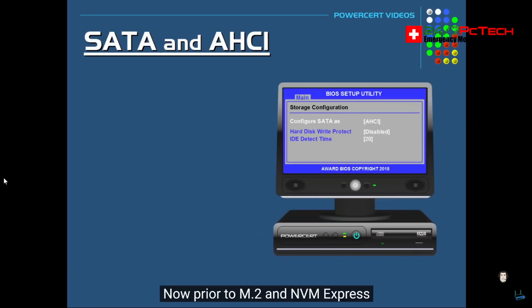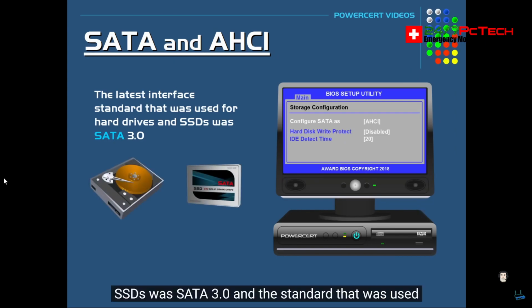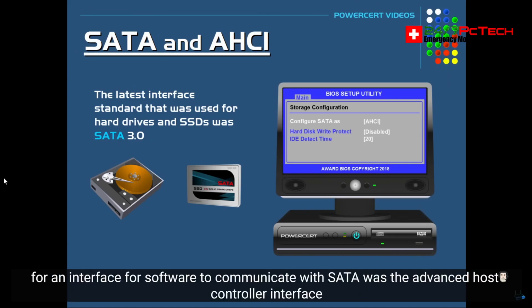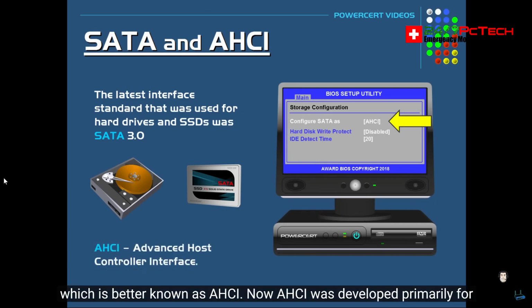Now, prior to M.2 and NVM Express, the latest interface standard that was widely used for hard drives and SSDs was SATA 3.0. And the standard that was used for an interface for software to communicate with SATA was the Advanced Host Controller Interface, which is better known as AHCI.